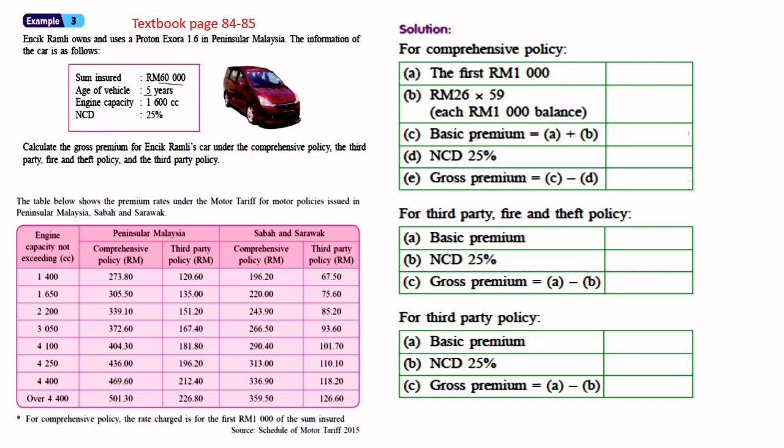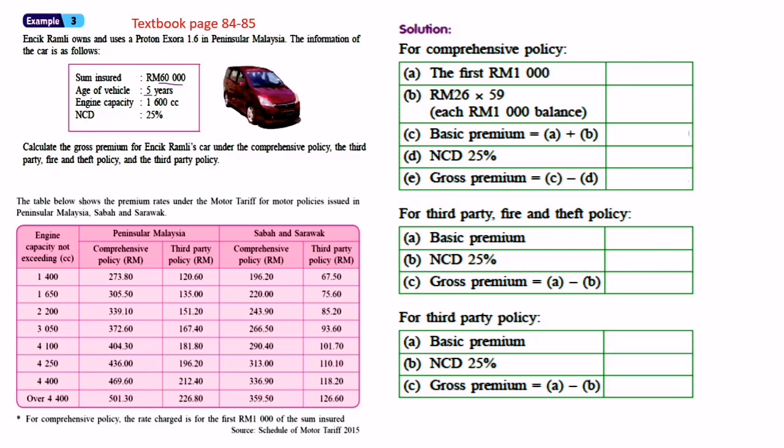Engine capacity 1,600 cc. NCD 25%. Calculate the gross premium for Encik Ramli's car under the comprehensive policy, third-party fire and theft policy, and the third-party policy.